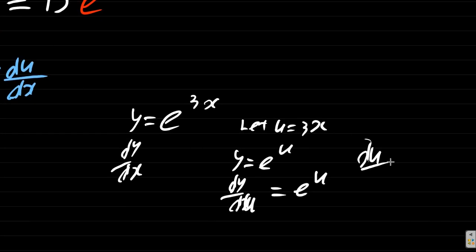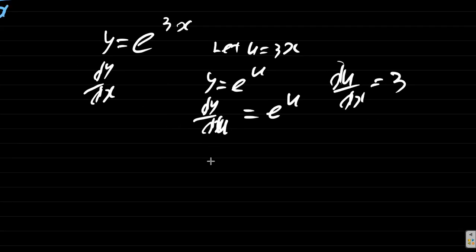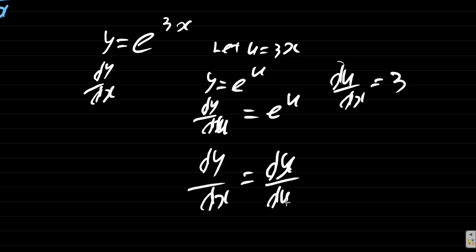Now, du by dx is equal to 3. Now, when you are working out dy by dx, dy by dx is equal to dy by du times du by dx. And it's like the du's cancel, right? But anyway, dy by du is e to the u. du by dx is 3.